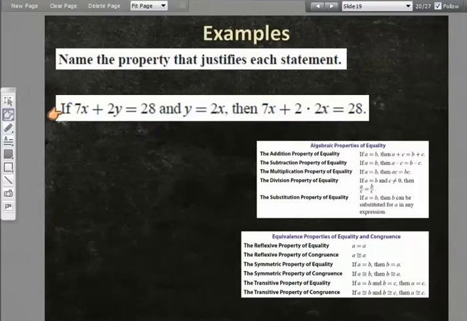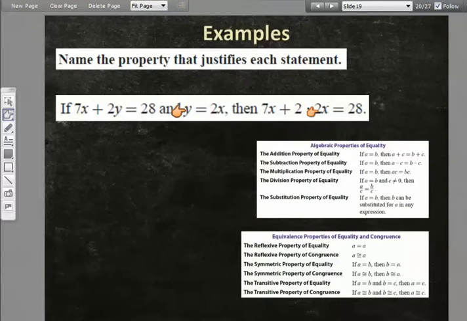Okay, if 7x plus 2y equals 28 and y equals 2x, then 7x plus 2 multiplied by 2x is going to equal 28. It says name the property that justifies each statement, and I put these up here to help us look at it. Alright, here you've got your equation. They've told you what y equals, and then think about what they're doing over here with this 2x.